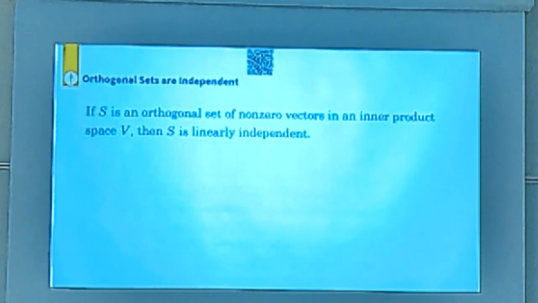If S is an orthogonal set of non-zero vectors in an inner product space V, then S is linearly independent. So if you have a set of vectors that are orthogonal, they're automatically linearly independent.